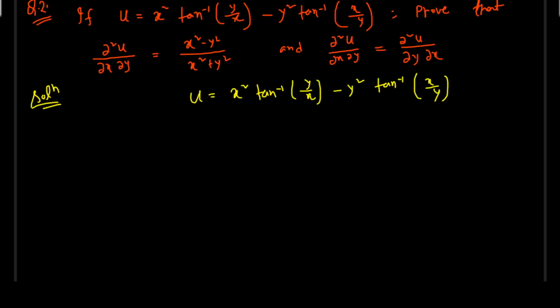Now let me take the differentiation first with respect to y. As you have to find del 2u del x del y, first we have to find del u del y. So what will be the differentiation with respect to y? With respect to y, x square is constant, but the differentiation of tan inverse y by x will be 1 divided by 1 plus y by x whole square into 1 by x.